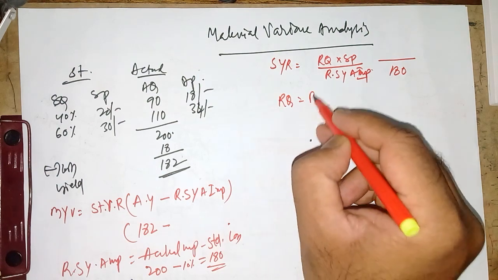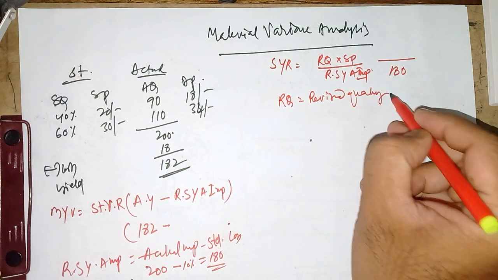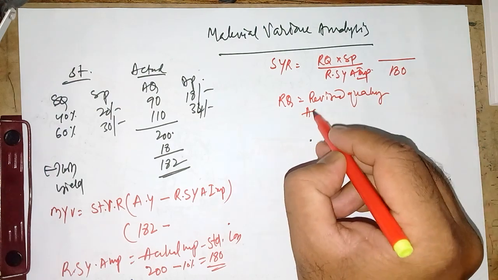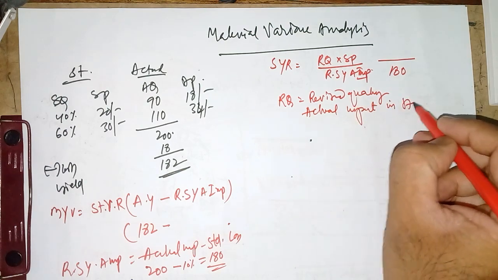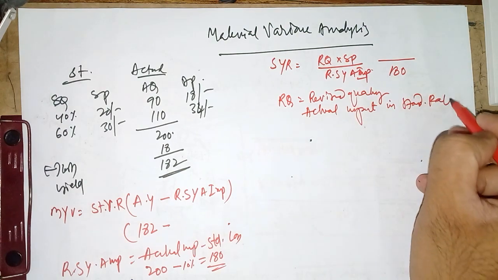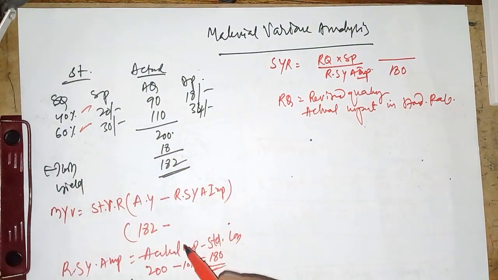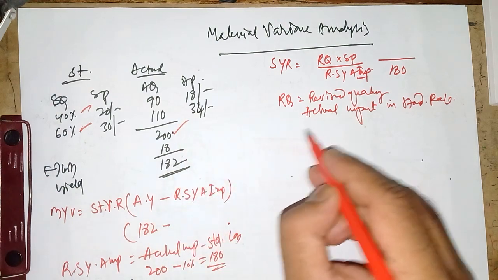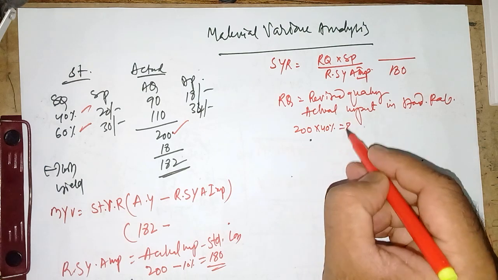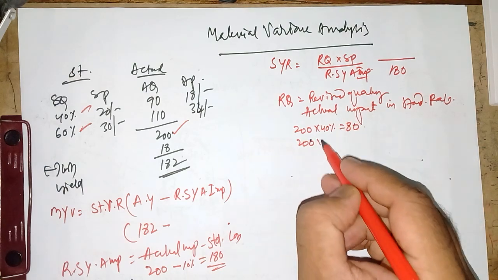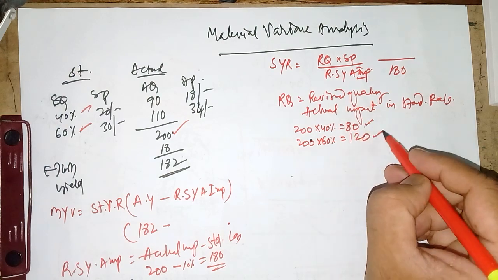RQ is the revised quantity, that is actual input in standard ratio. Standard ratio is 40 and 60. Actual input is 200: 200 into 40% is equal to 80, and 200 into 60% is equal to 120. So this is our RQ.